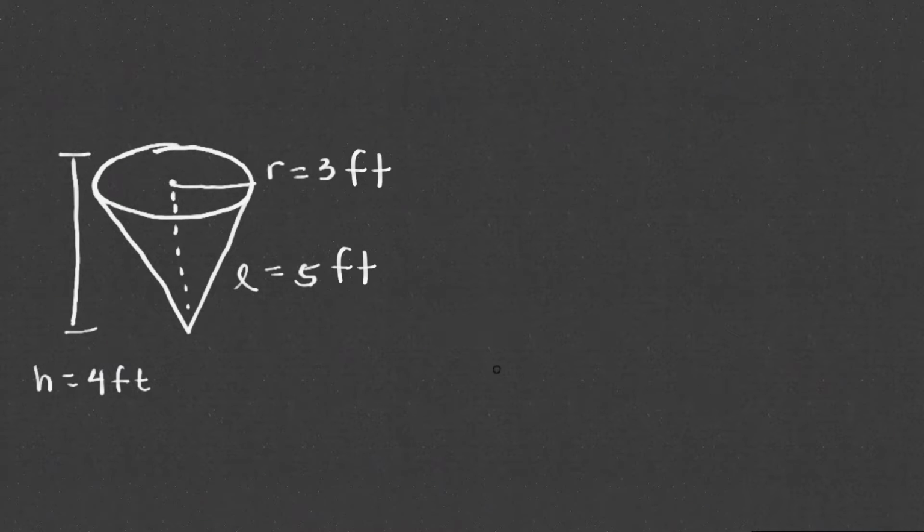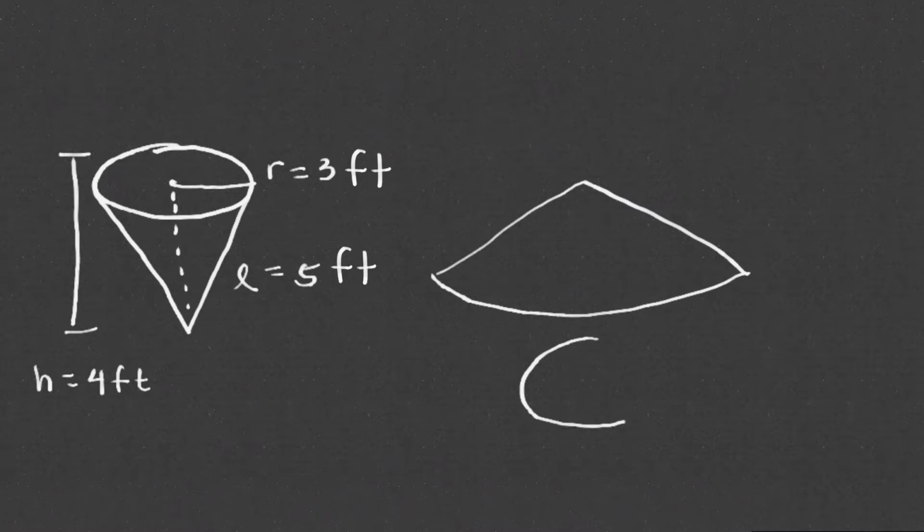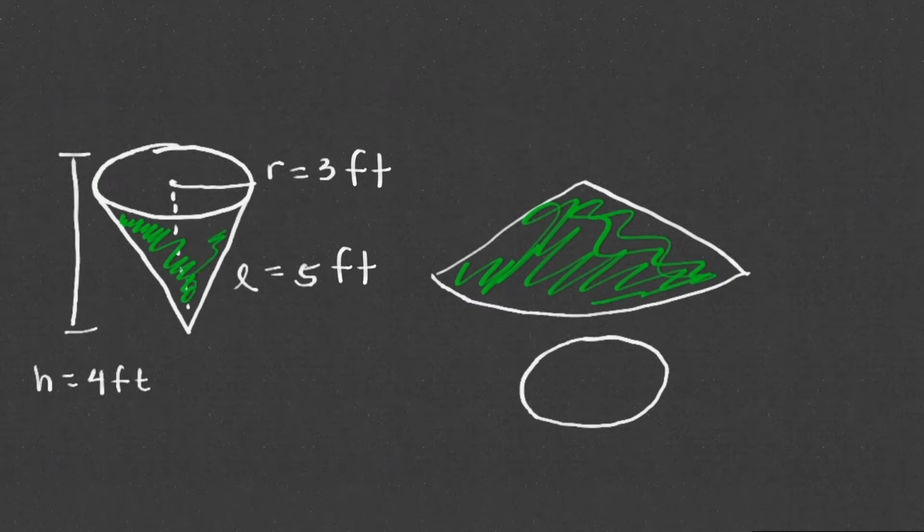Now, let us solve for the lateral area. The lateral area is the surface area of the sides of any three-dimensional figure. This one represents this side of a cone. This red region is the base of the cone, but for this example, the cone is upside down. So the lateral area is this green region plus this red region, or the outer sides.